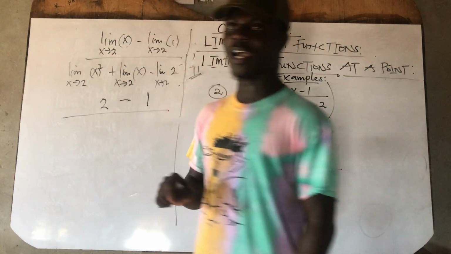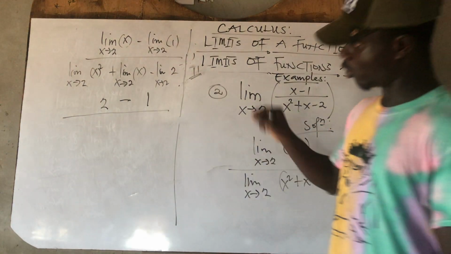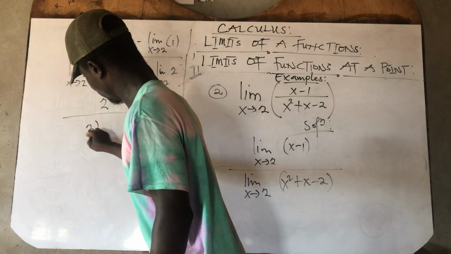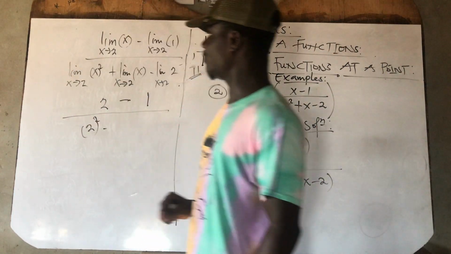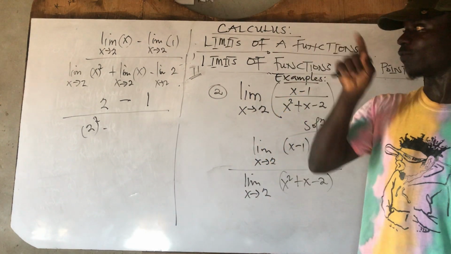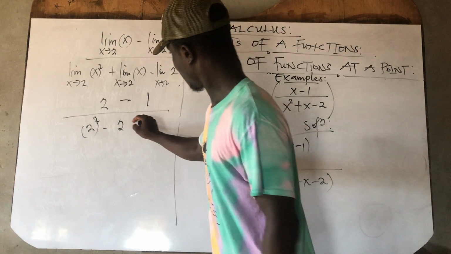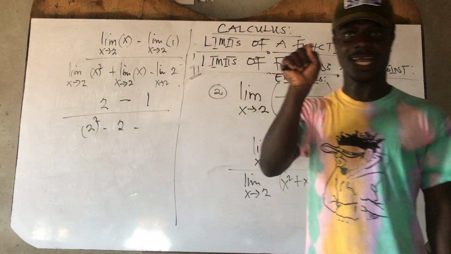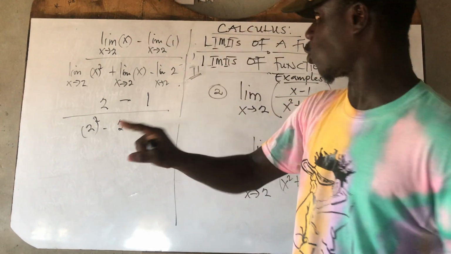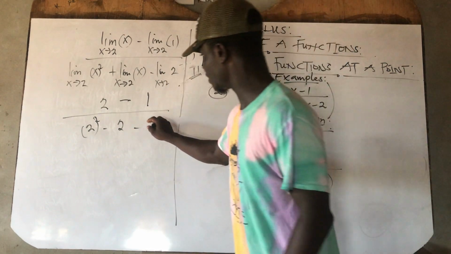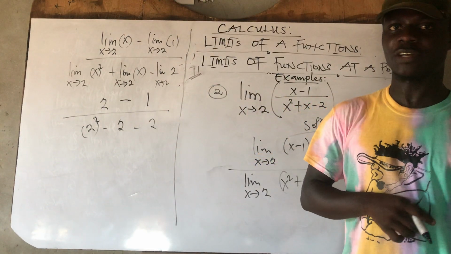Then wherever I see x, I plug in 2. So I get 2 squared minus the limit as x approaches 2 of x, I plug in the value 2, minus the limit of a constant, which is the same constant. Very, very simple.